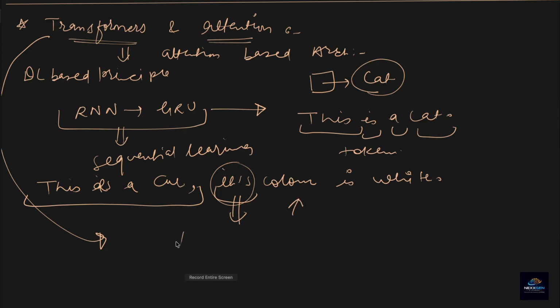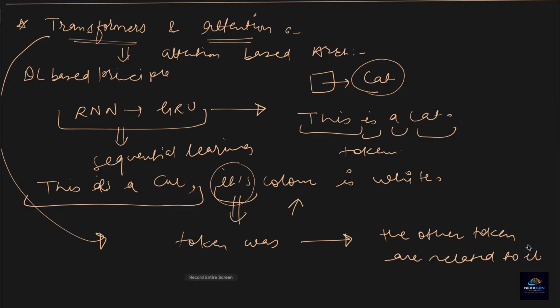So every token was also learning how the other tokens are related to it. In this case, this is a cat, its color is white, so now the token its understands that it refers only to the cat, right?